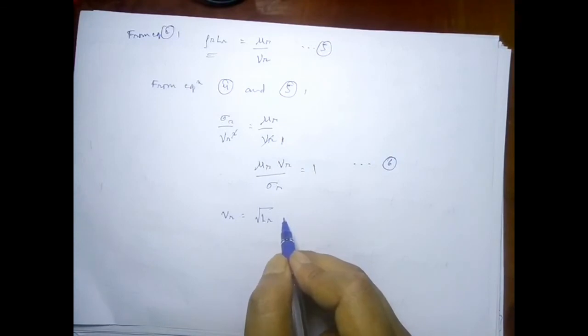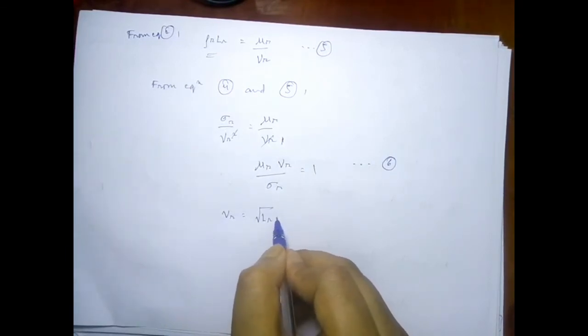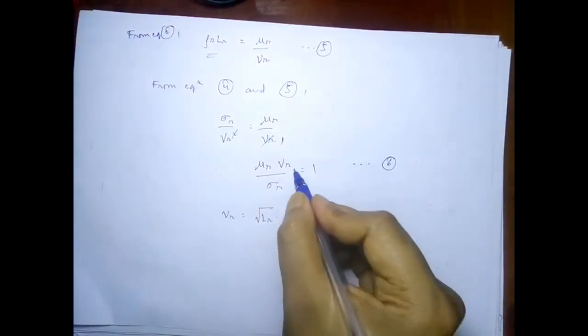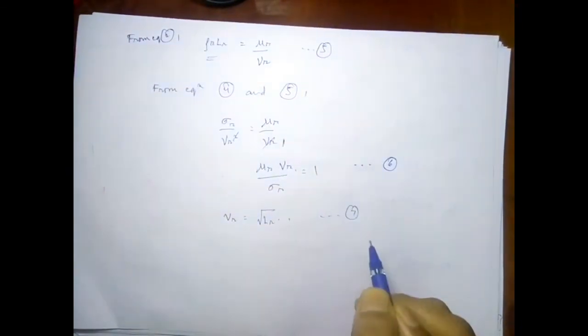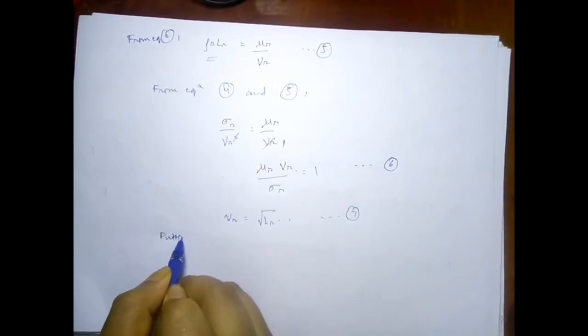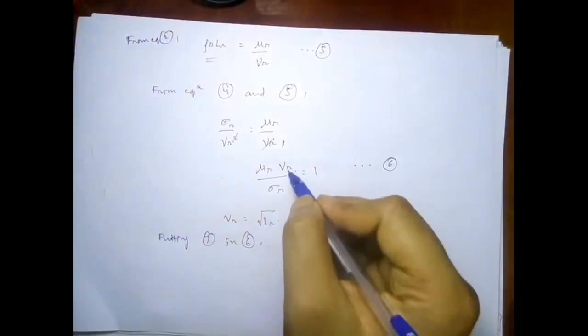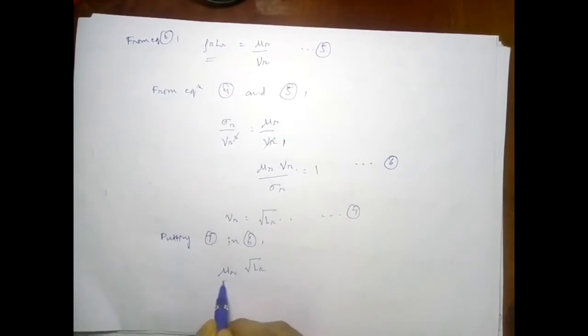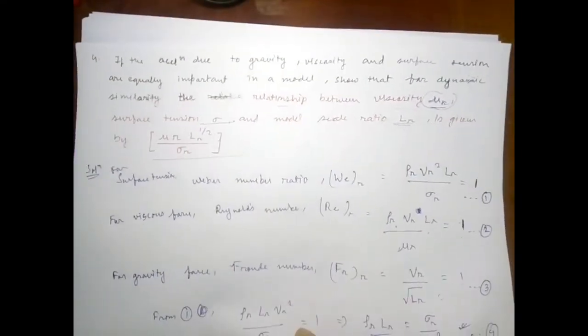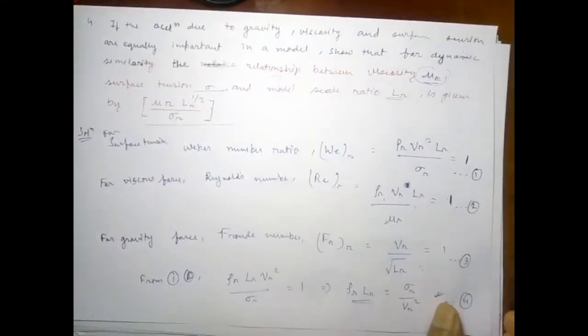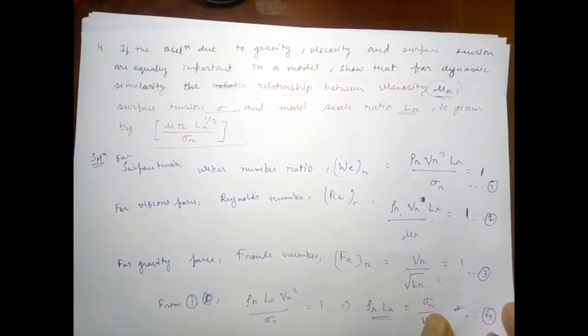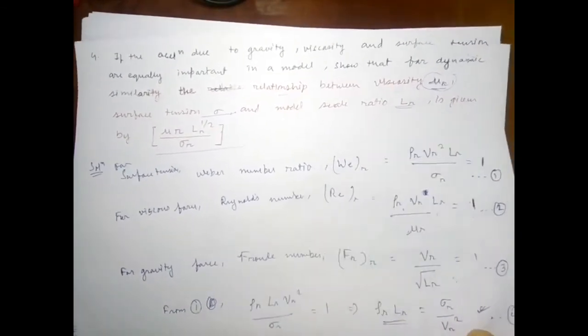Thus, putting Vr as square root of Lr from equation 7 into equation 6, in place of Vr I will write square root of Lr, and you will get mu r square root of Lr upon sigma r is equal to 1. And this was what we were asked to find out.